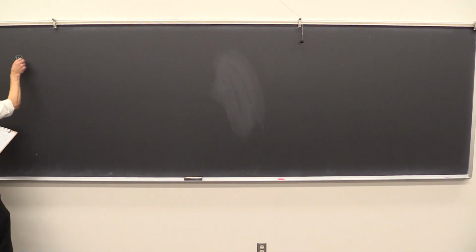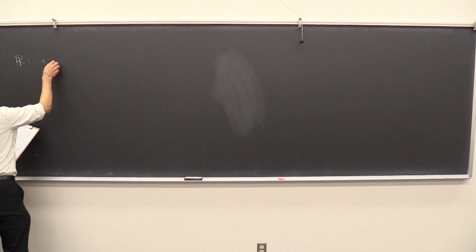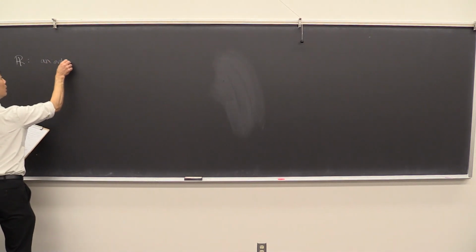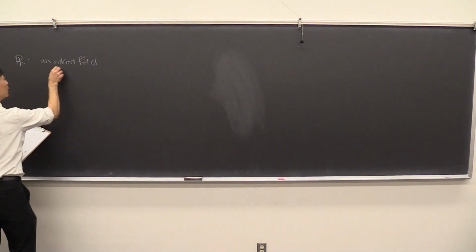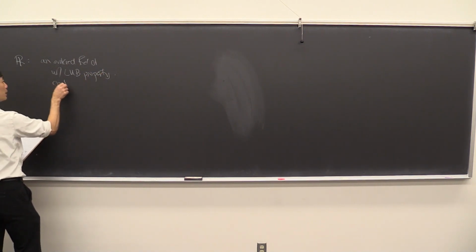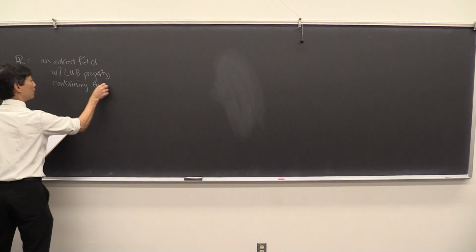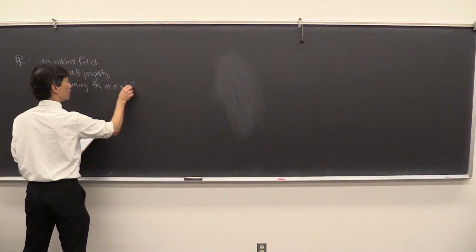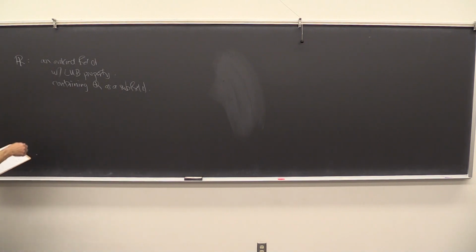So we've got the reals, an ordered field with the least upper bound property and containing the rationals as a subfield. And what we're going to see is that as long as we have this ordered field with the least upper bound property containing Q as a subfield, then you're guaranteed nth roots.